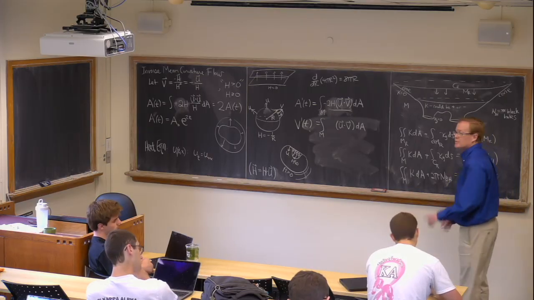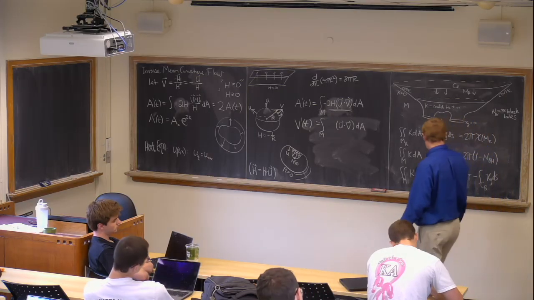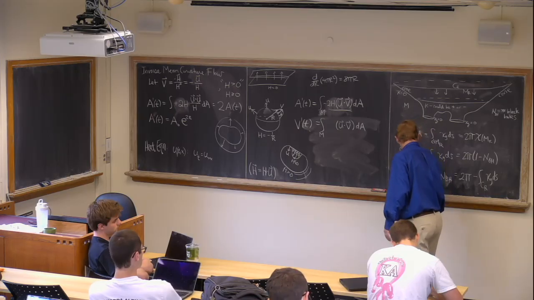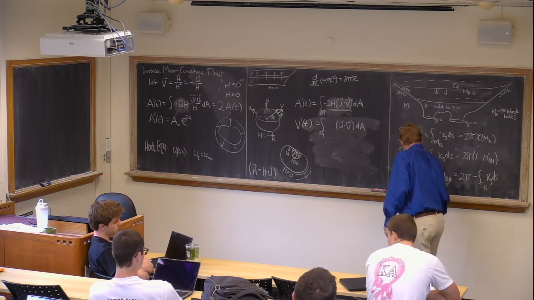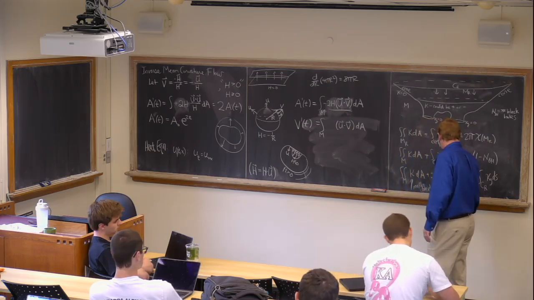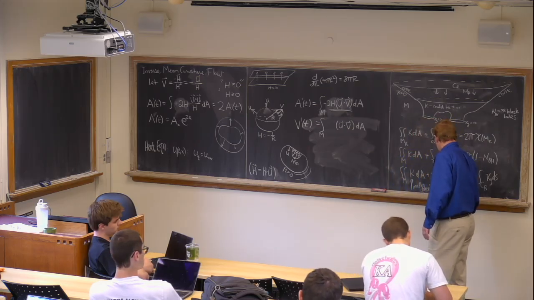Now I'm going to just do some definitions. I'm going to call this matter density. I'm going to call the 2 pi the mass of a black hole. All black holes have mass 2 pi.